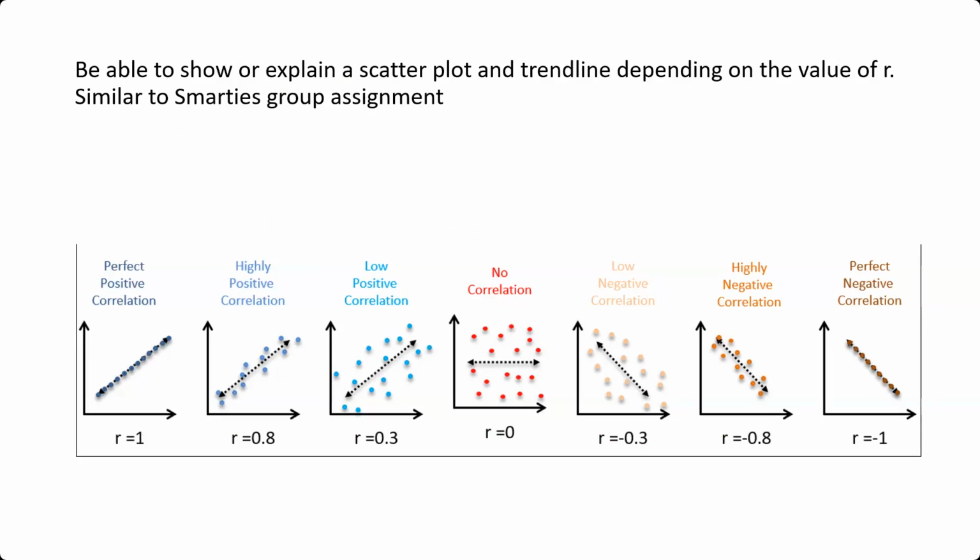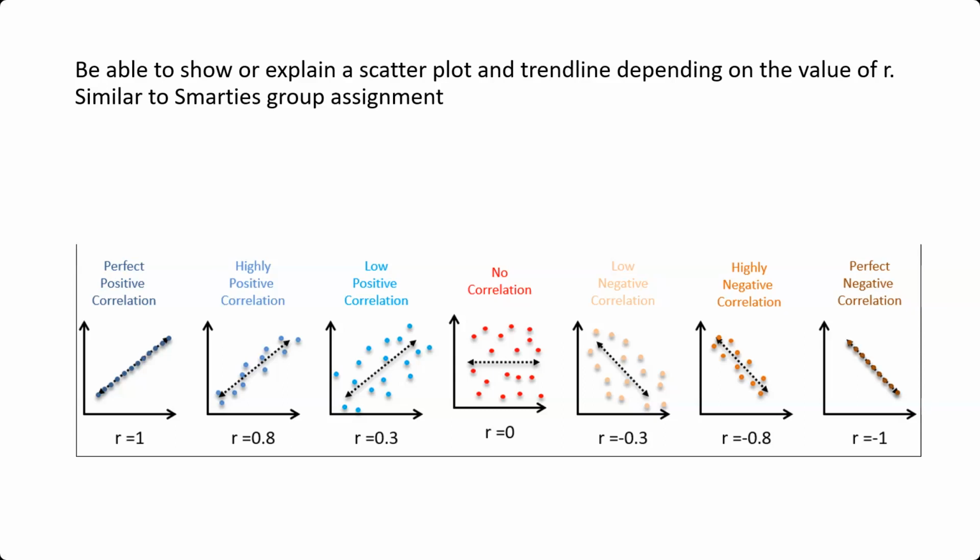Now, as you get closer and closer to 0, notice they spread out a little more. But if R is positive, the line should still be increasing until you get to 0. It's usually 0.4, because the points are all over the place. These are spread out a lot, but you can still kind of tell it's going up. This one's just all over.